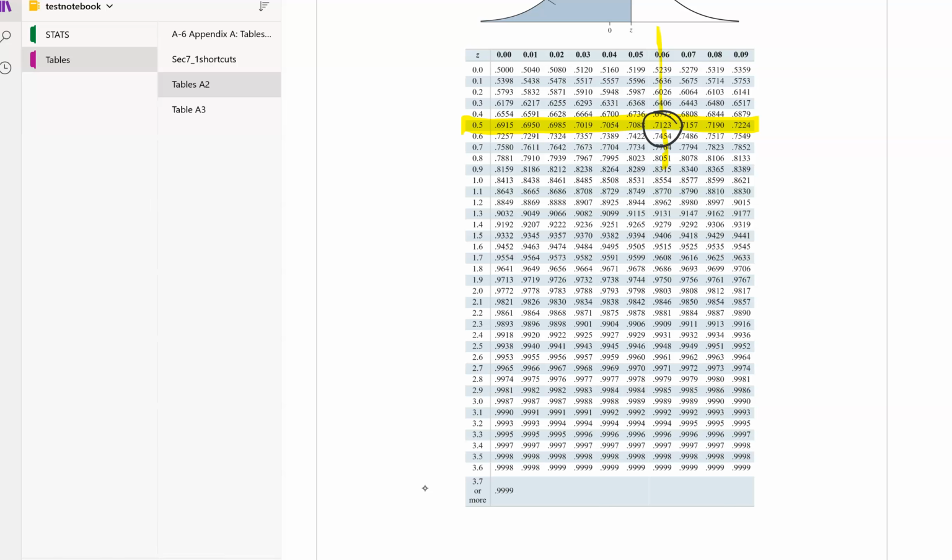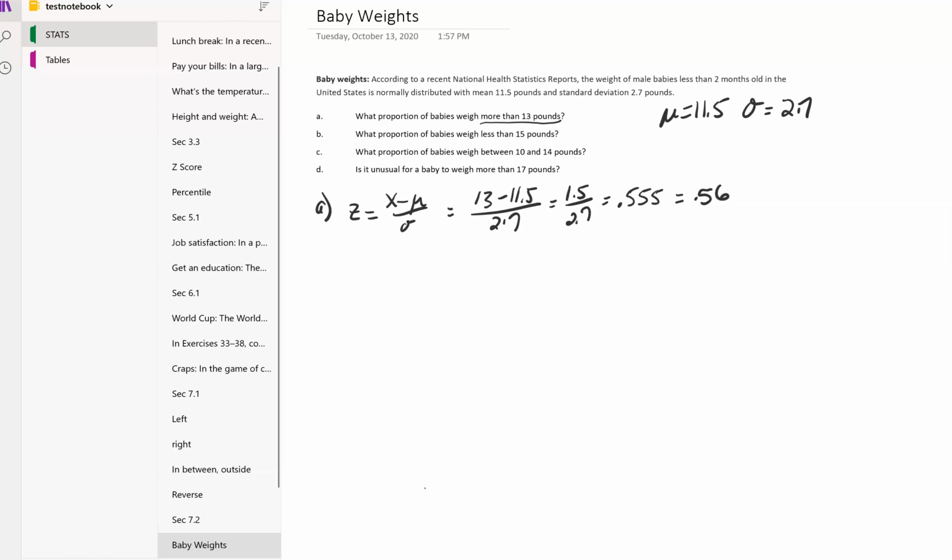So it's 0.7123. Since this is more than, I have to do 1 minus 0.7123. So the probability is 0.2877.